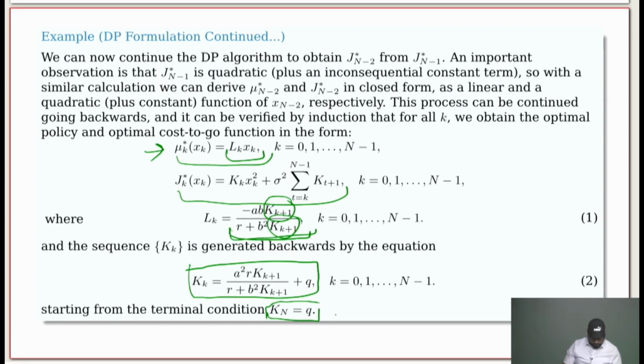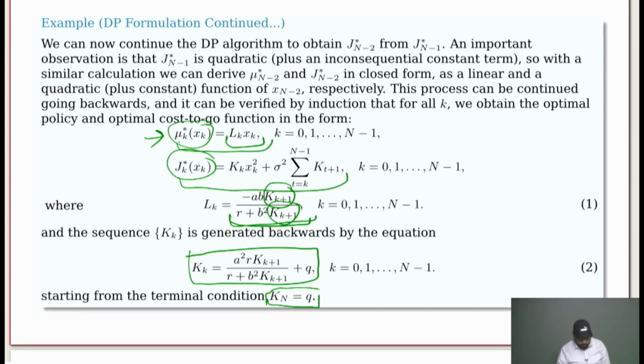So this is the closed form solution for the quadratic control problem, where we have the closed form expression for the policy. We have found the optimal policy at the kth step to take, and then the optimal cost at the kth step. This is one of the problems where it is possible to solve the problem explicitly, and these are very rare cases.